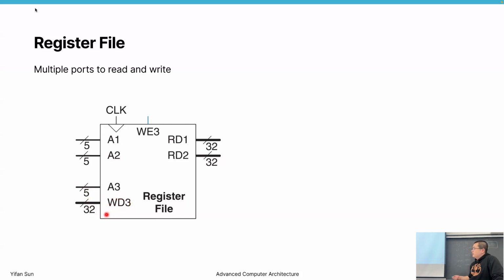So we have this register file with 2 read ports and 1 write port. Why do we design it this way, and why do we need 2 read and 1 write? Is that a reasonable combination?